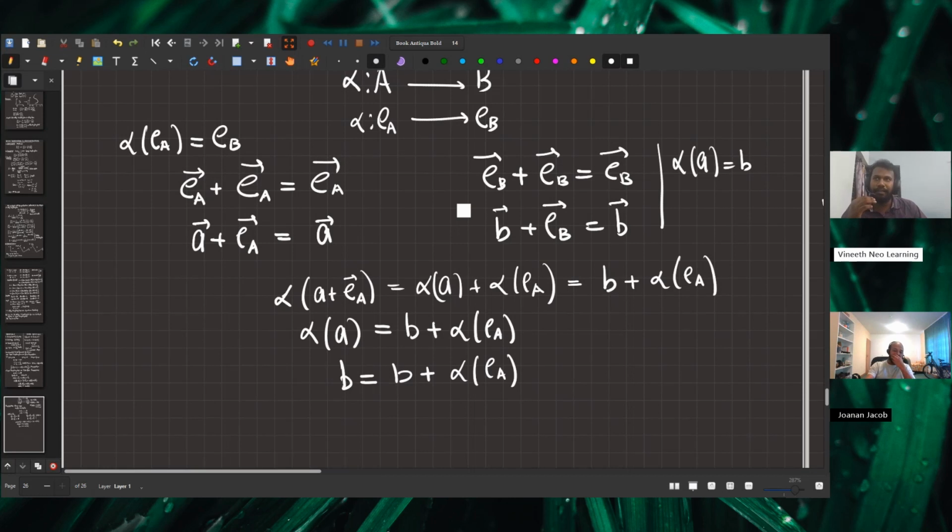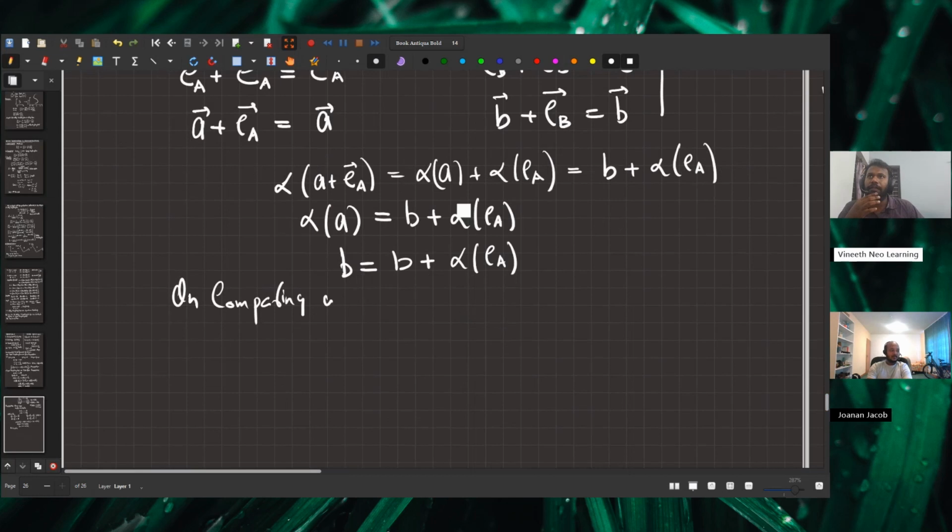So alpha of EA should be the identity operator of B. We can compare this with this equation. Correct, Joe, the proof is correct.